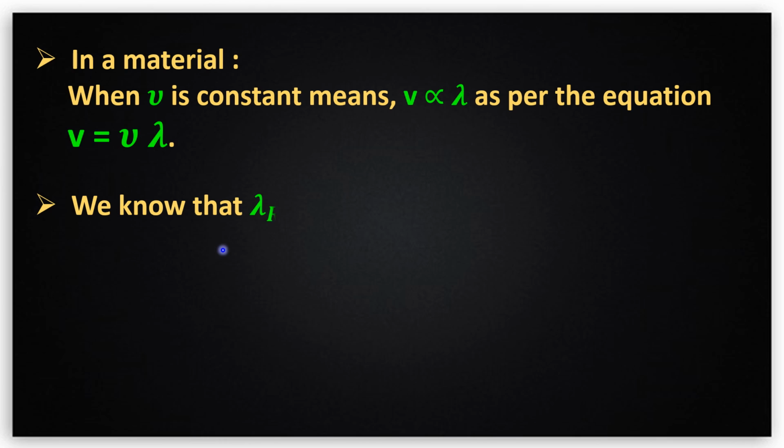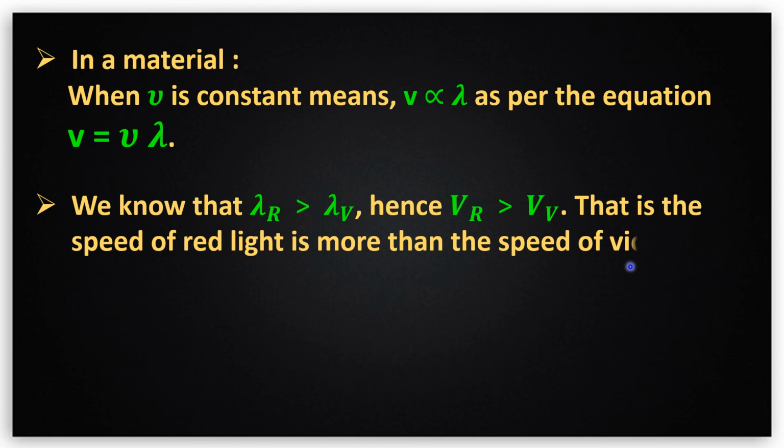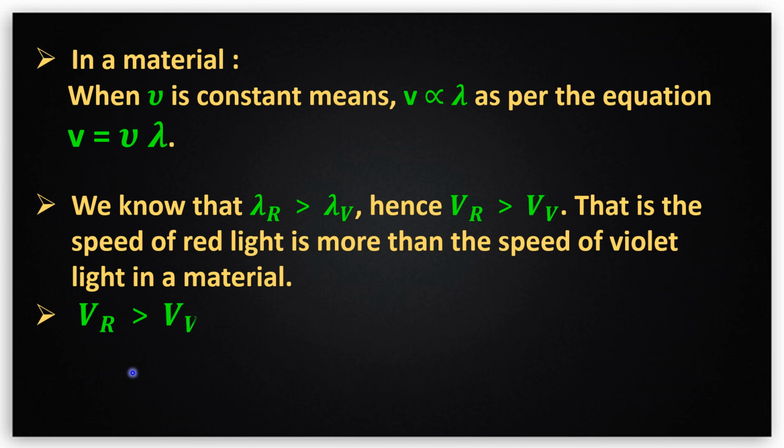So we know that lambda r is greater than lambda v. Hence, v r is greater than v v. That is, the speed of red light is more than the speed of violet light in a material. Okay, so Vr is greater than Vv.